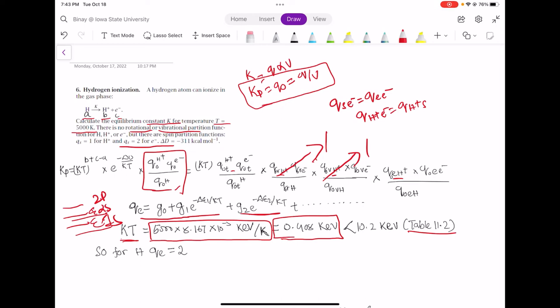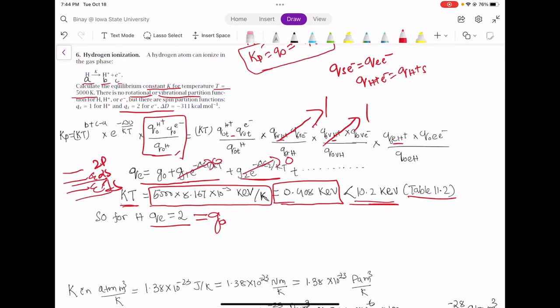When our kT is less than 10.2, according to table 11.2, the electronic partition function QE would be 2, which is roughly equal to g0, because this g0 value is 2, and we can ignore all these other terms. We assume they tend to 0 if our kT is less than 10.2 kilo electron volt. In this question our kT is 0.408, so our electronic partition function will be g0, which is roughly 2.